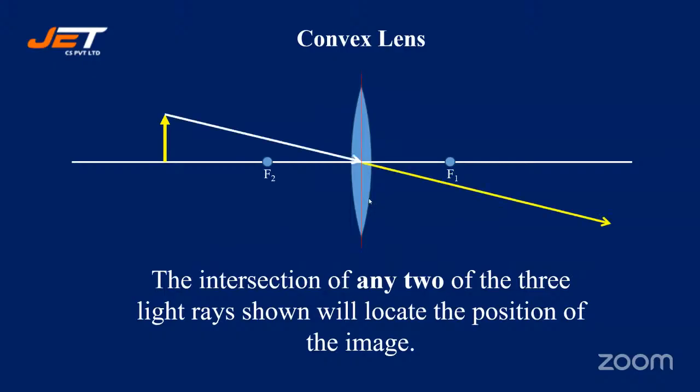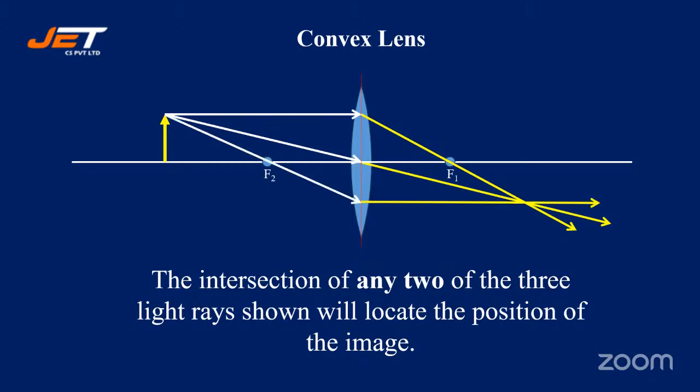All right. This is how it goes: through the optic center, undeviated; parallel to the principal axis, refracts and passes through F1; and a ray through F2 passes after refraction parallel to the principal axis. And that intersection will give you the tip of the image.